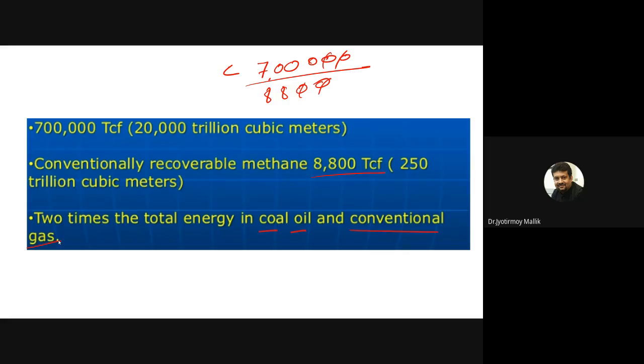So it's really, really, really huge. If you can unlock these clathrates, you will almost get a Nobel Prize. It's such an important deposit, and people don't know how to take them out.